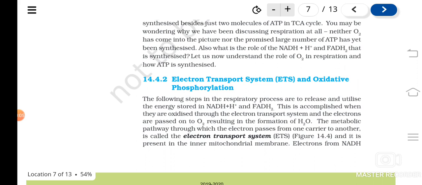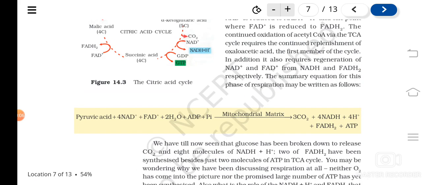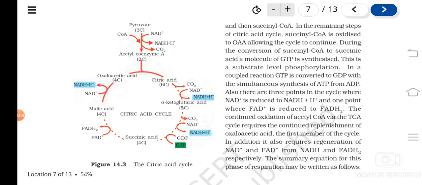So, in the previous class, we have seen how glucose is getting oxidized during different processes like glycolysis and also in Krebs cycle. Stepwise oxidation of food takes place during Krebs cycle and during glycolysis.